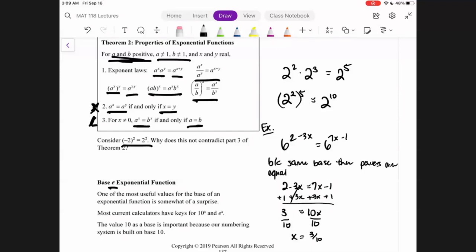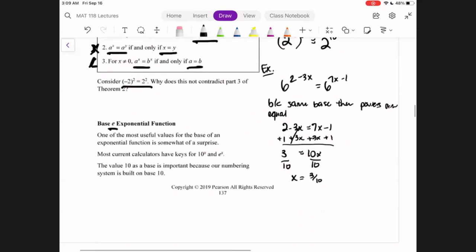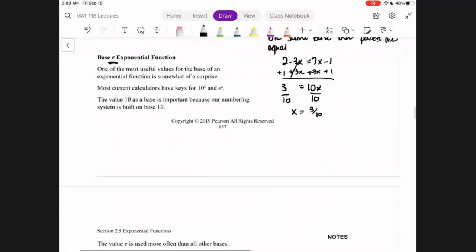So the next part is what happens if they have the same power. Then you would do a similar thing, okay? So if they have the same power, use those rules.